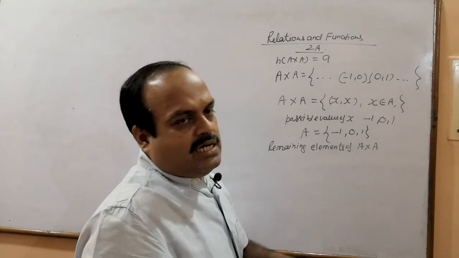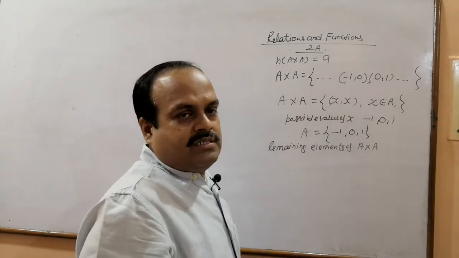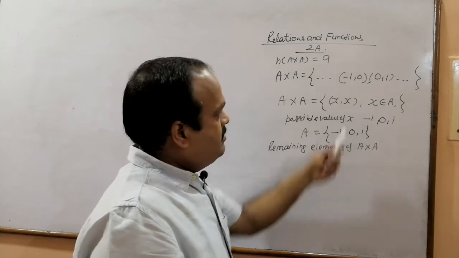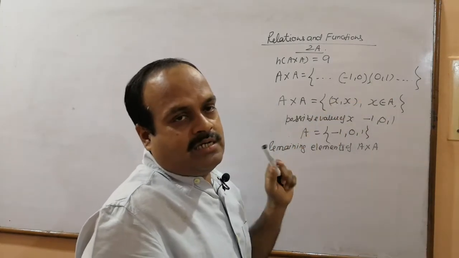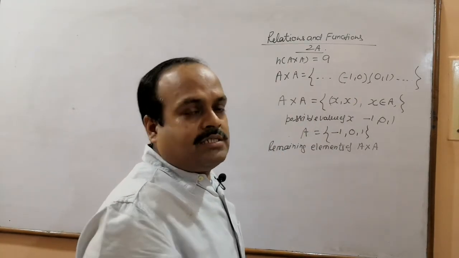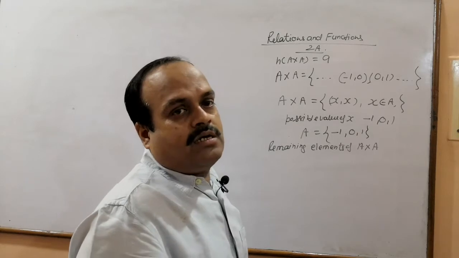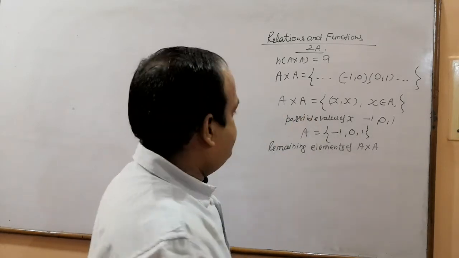Correct? Now we have to find the remaining elements of A cross A. Since A cross A has 9 elements and A has 3 elements, of these 9, 2 we have already written. The remaining 7 we will write using the concept we know to get the Cartesian product of two sets.